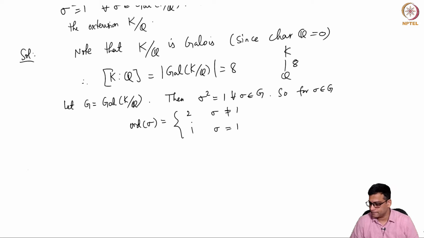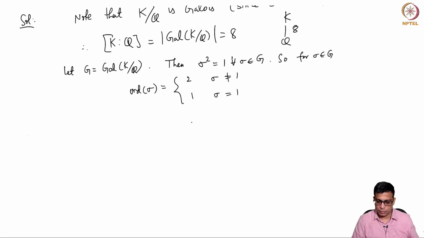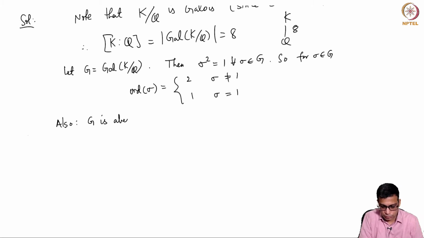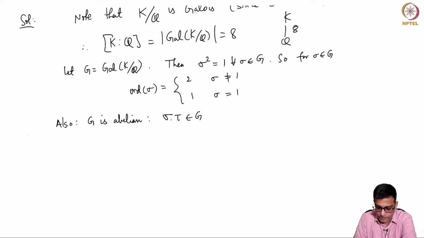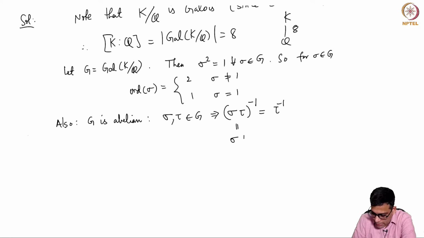Also note G is abelian. This is because if sigma and tau are in G, then sigma tau is its own inverse, because the square is the identity, which means an element is its own inverse.